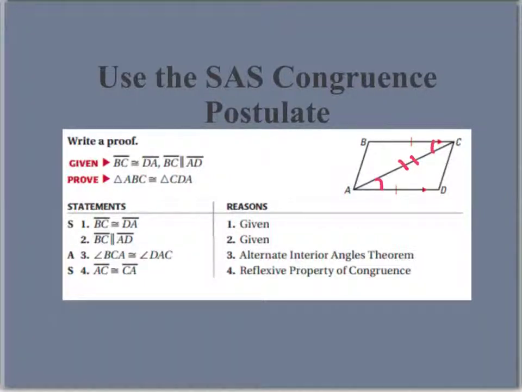If you notice over here, we're keeping track of what we have. We have a side, an angle, and a side, and we have the included angle. So we can say that those two triangles are congruent using the side angle side congruence postulate. Pretty easy. All right, let's keep going.